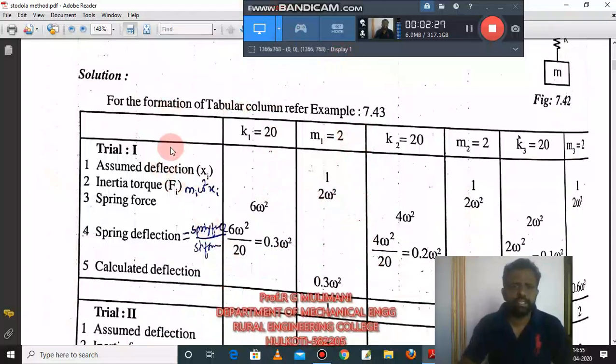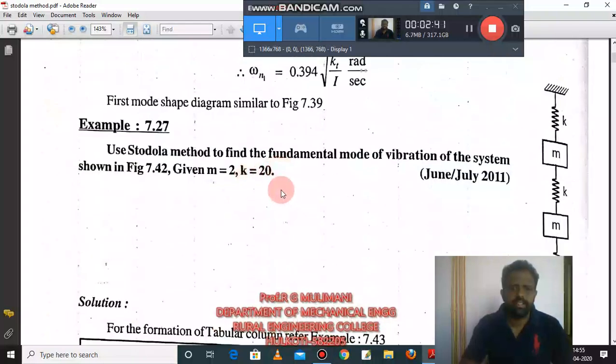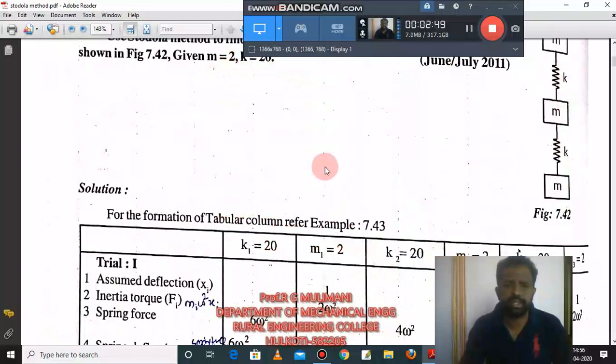Next, in the Stodola method, you have to take all these particulars: assumed deflection, inertia force, spring force, spring deflection and calculated deflection. In this problem, all the masses are 2 kg and the spring stiffness is 20 Newton per meter.